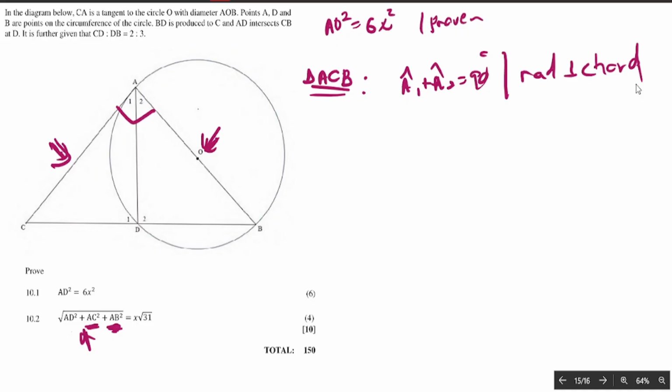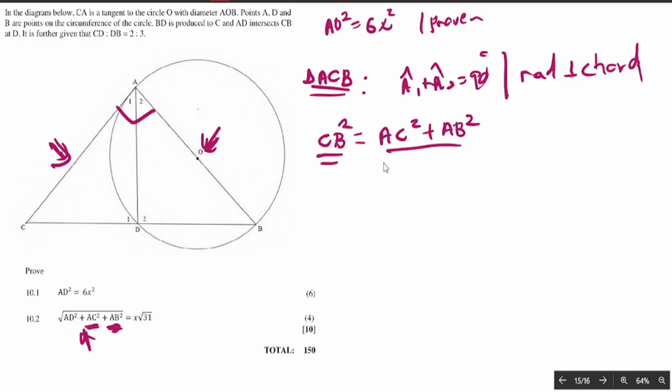Now you're going to write down the equation of Pythagoras for this big triangle, right? So you're going to say CB squared is equal to AC squared plus AB squared. So this CB is equal to what is written here.